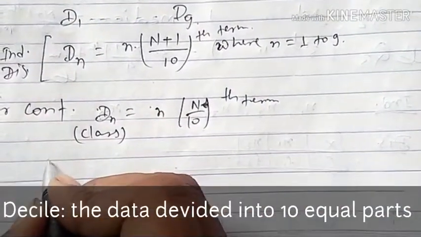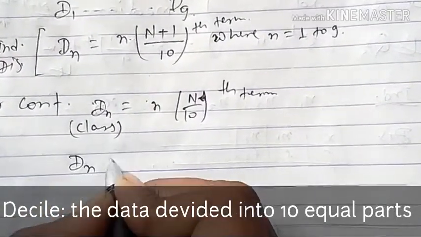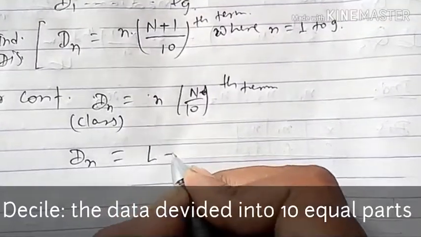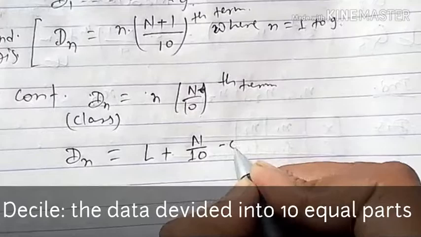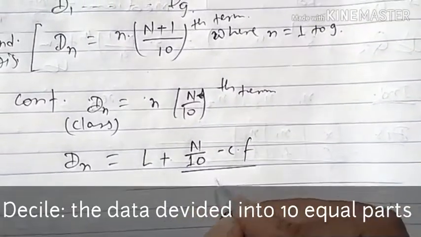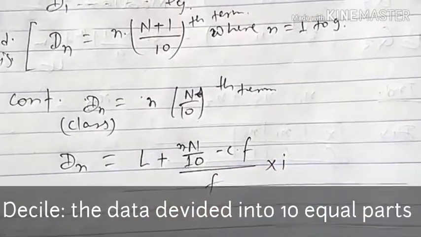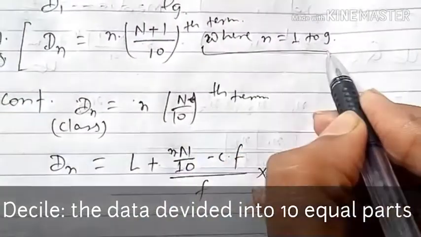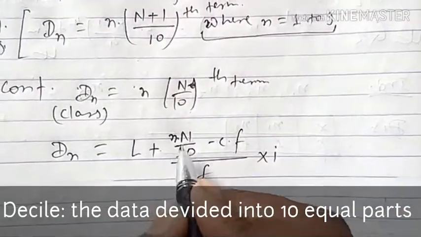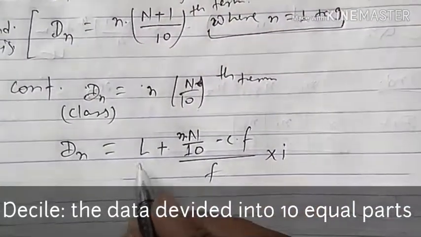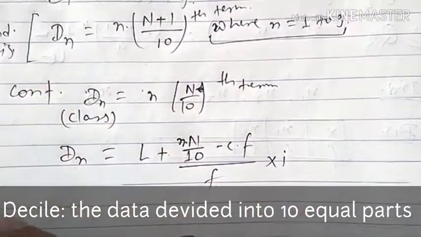After finding the class, Dn is l plus (n by 10 minus cf) by f into i, where small n always works for 1 to 9. The l, cf, f and i are similar to the median.